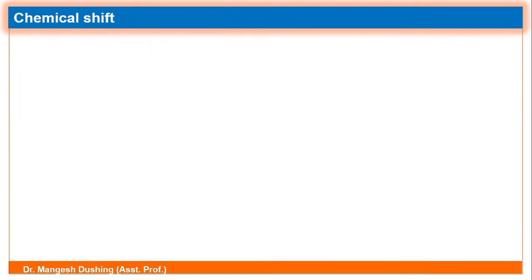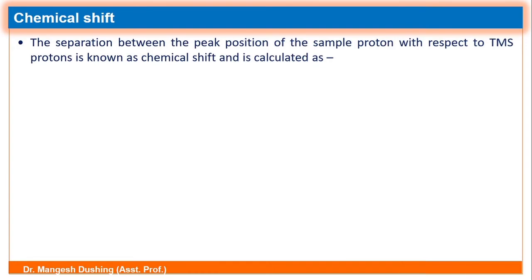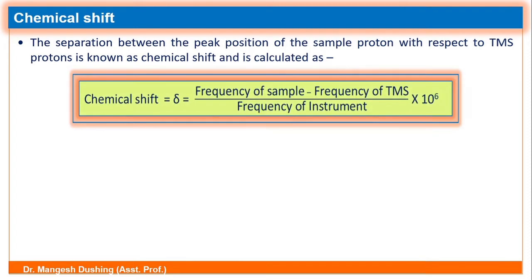Now, how to calculate the chemical shift and what is the chemical shift? The separation between peak positions of the sample protons with respect to TMS protons is known as chemical shift. It is calculated by the formula, with the chemical shift shown by the symbol delta.